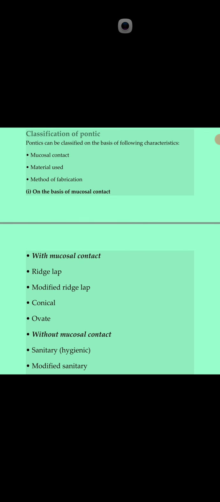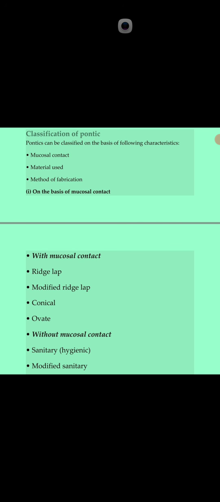The first, mucosal contact classification, is very important, but the other two, material used and method of fabrication, are less important, but we will cover each and every one.